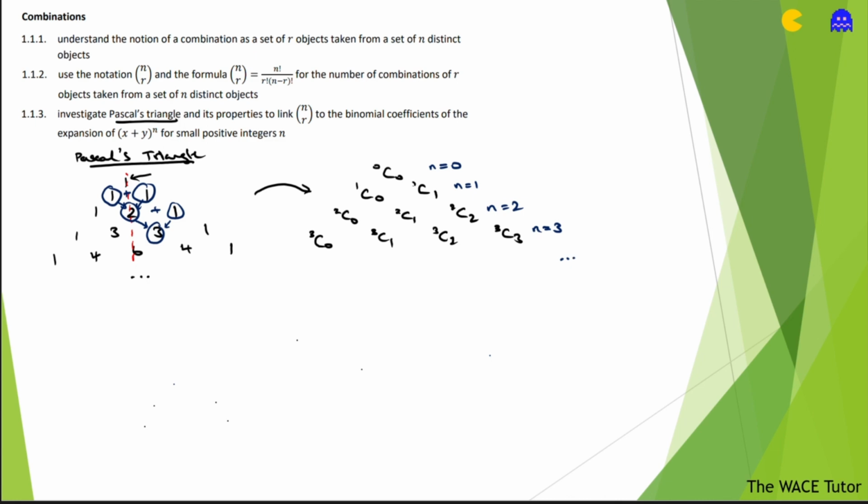Okay, it's important to distinguish as well that this n equals 0 is the first row, this n equals 1 is the second row, n equals 2 is the third row, and n equals 3 is the fourth row. That might be a little bit confusing, but this is the notation that we would most normally use when we were referring to the rows, rather than this.